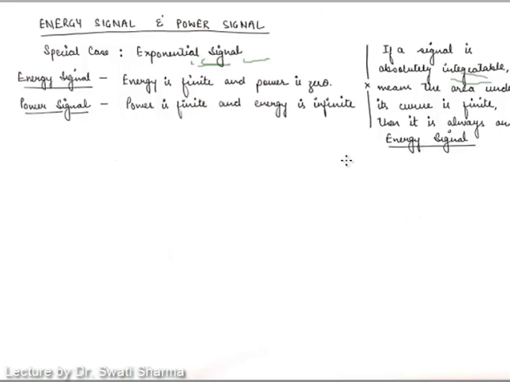If we talk about the graph of a given signal, you can easily make out the area under the curve. If that area comes out to be finite, then it is an energy signal. In other words, it is absolutely integratable, which means the area under the curve is finite.